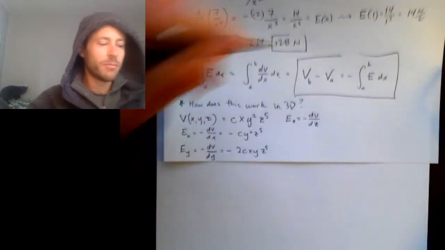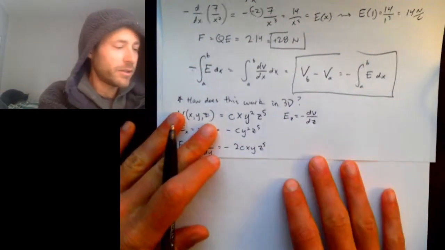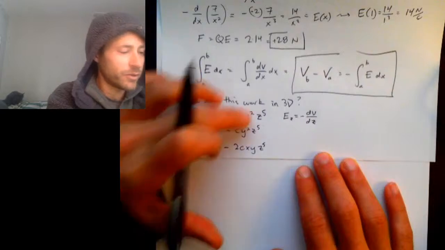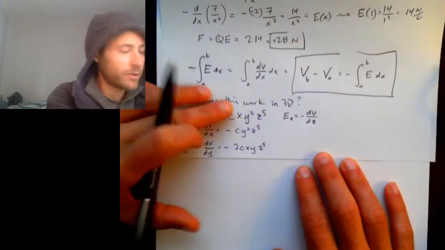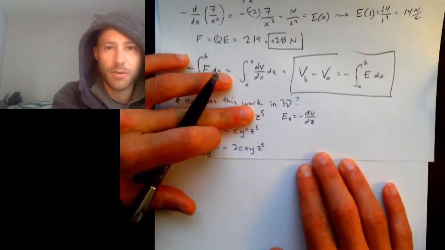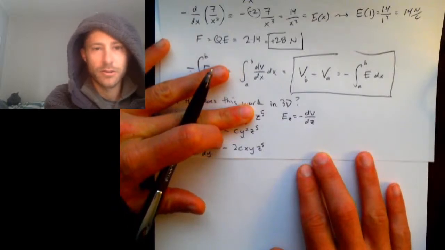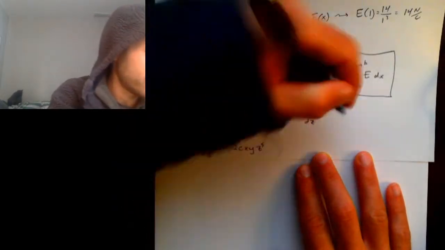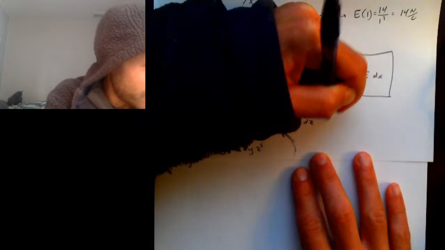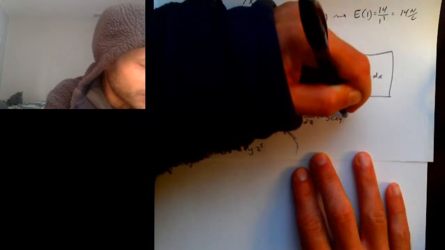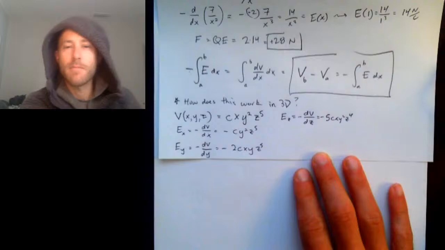So to get the z component of the electric field, I'm going to take the derivative with respect to z. So I'm going to treat x and y like they're constants and only take the derivative of that part. Okay, so that's 5z to the 4th. So I would get minus 5c x y squared z to the 4th.